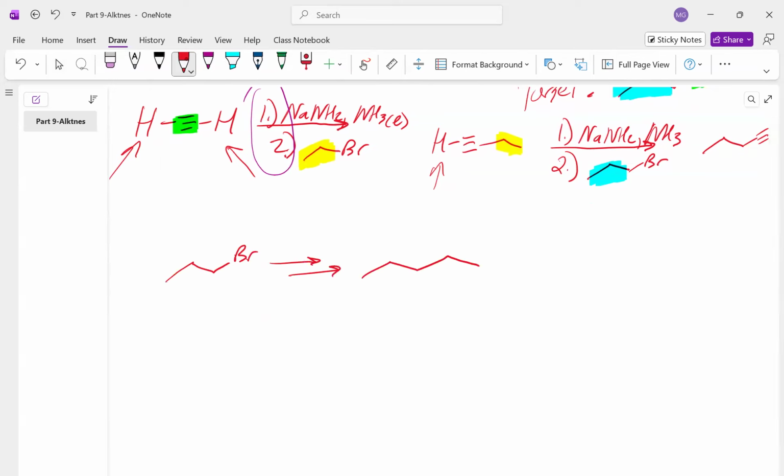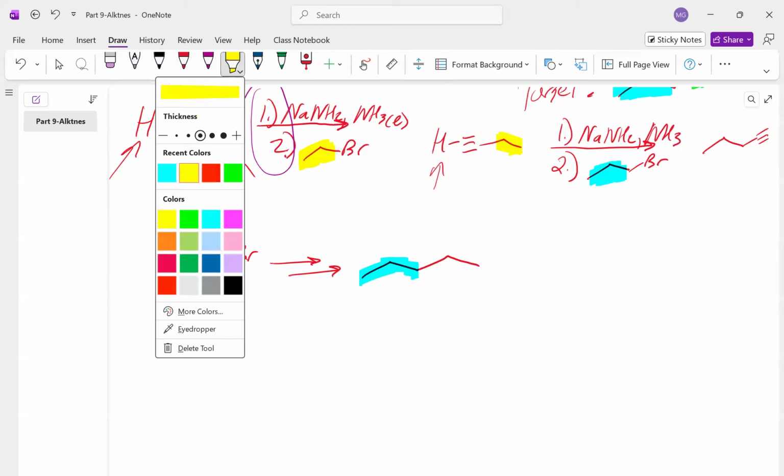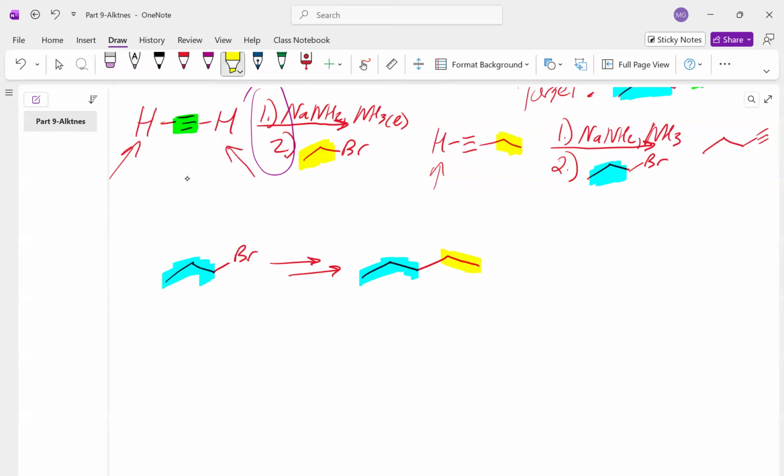don't freeze up and say, I don't know any reactions that will do this in one step. Yeah, because we don't. But if you look at this and say, well, if I have three carbons here and I'm adding two more, what do I need in order to extend the number of carbons on a carbon chain?